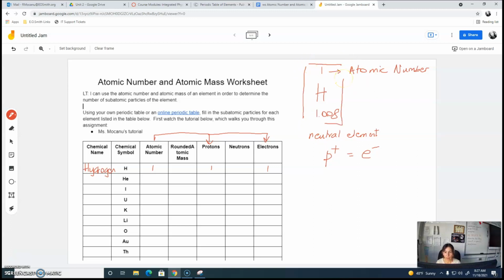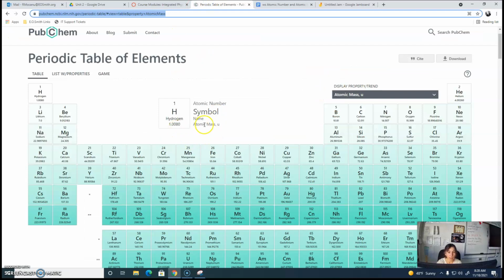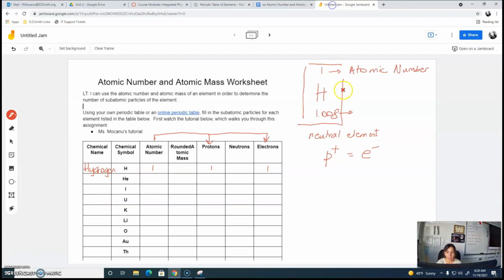What else can I find out from the information off of the periodic table right here? Well, the other thing I can find out is this number at the bottom, which, as you can see on the periodic table, is known as the atomic mass of that element. So I will write that, and let me change color. So this is the atomic mass.